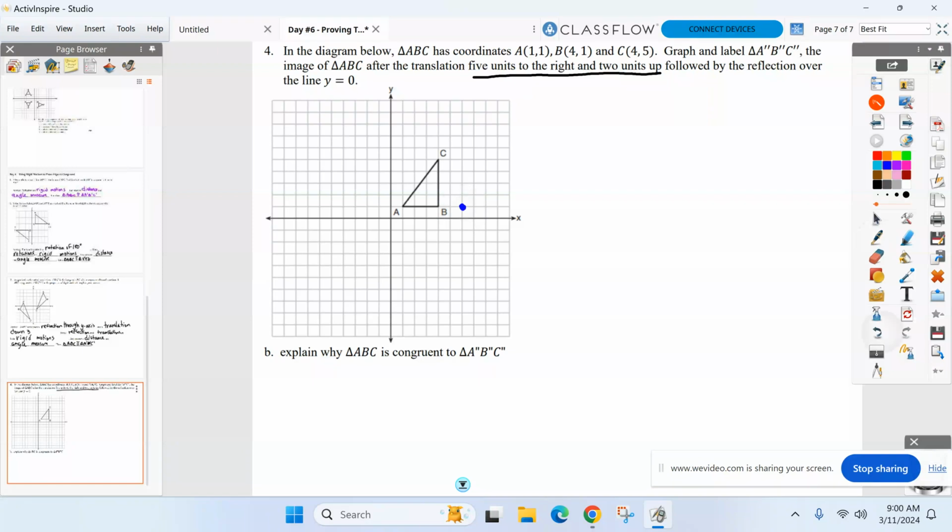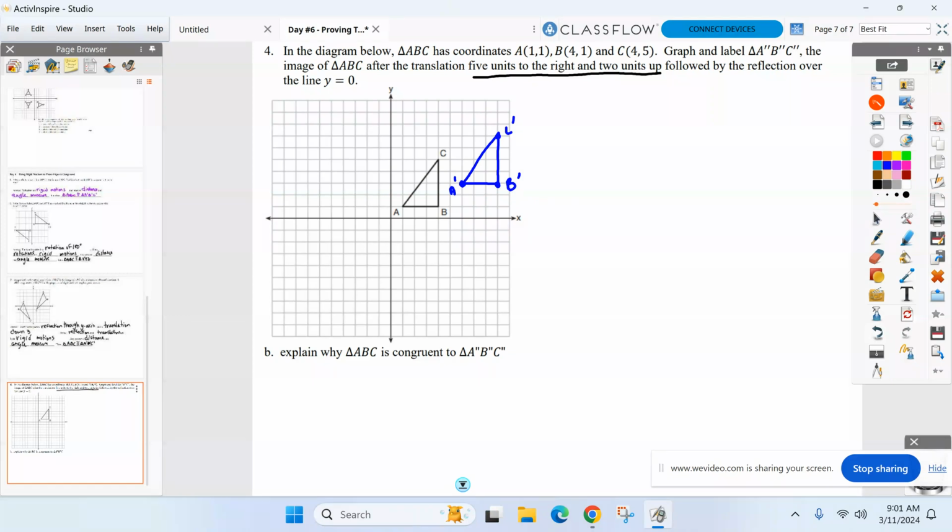Oh, it's got to go up too. 5 units right, 2 units up. Okay, everyone's got it translated.